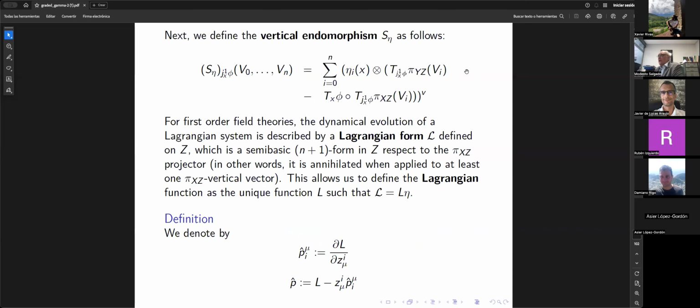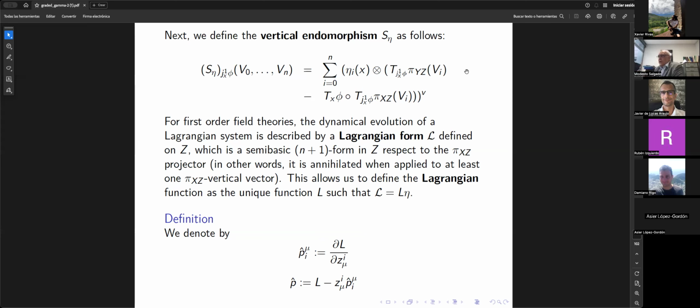And so, well, this is another technical thing. One can use the volume form on E just to define this vertical endomorphism. This is similar to the vertical endomorphism used in the tangent bundle. And if we give a Lagrangian form, this script L, we have the volume, so you can express it as L times eta, and this L is a function on zeta.